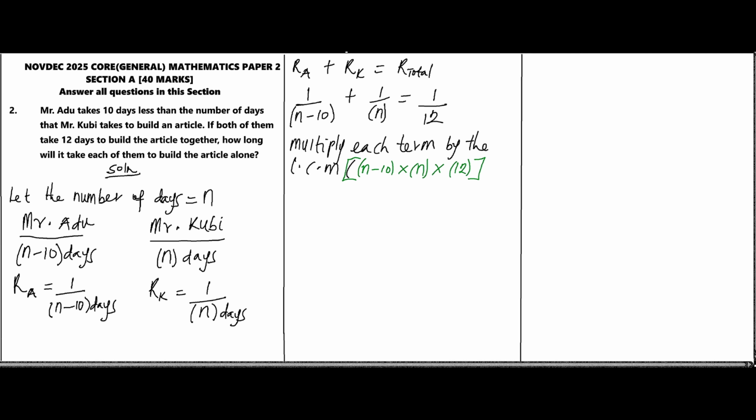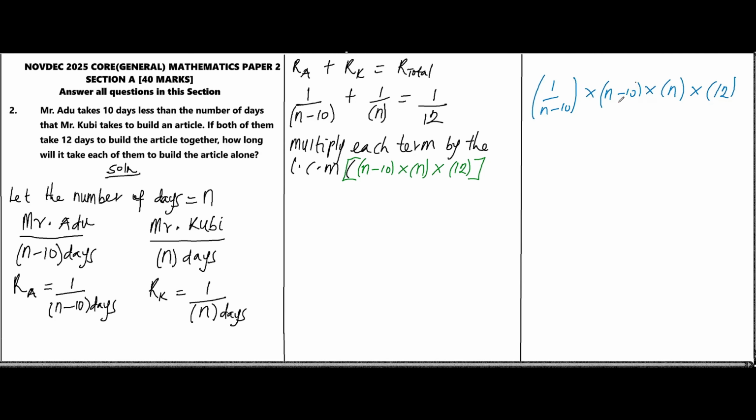Now, the first term, we have 1 out of n minus 10. Then we are multiplying the whole of this by the LCM. The LCM, we have n minus 10, n, and then 12. What happens?